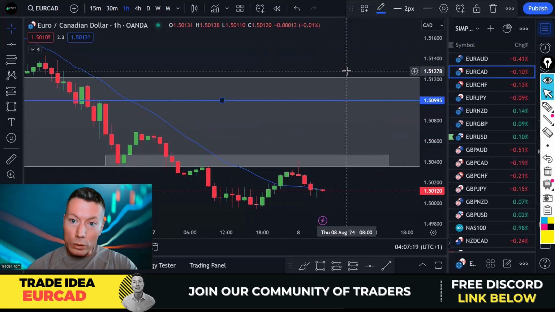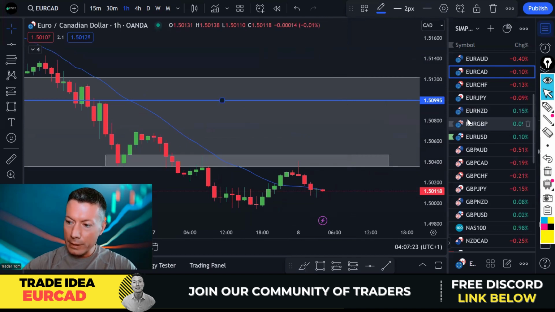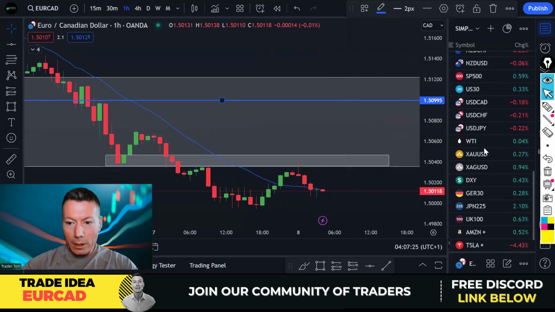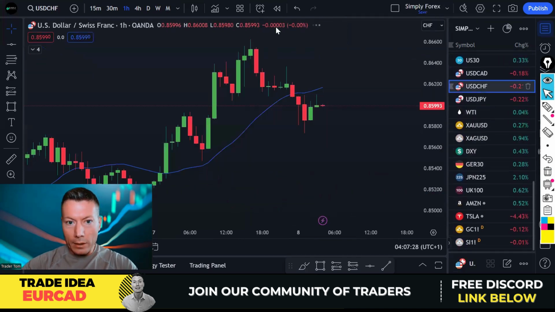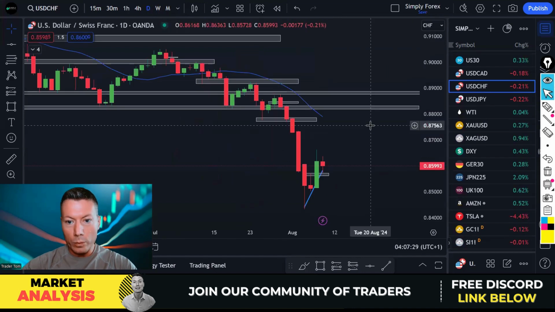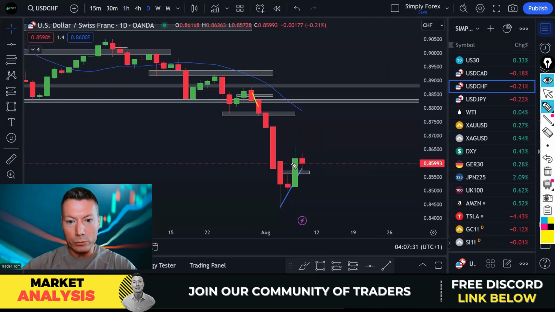That's really only my trade idea for today, guys. But take a look at this, because like I said, trades like US dollar Swiss franc. We're still in a downtrend, but we're still a little bit oversold and we're seeing bullish candles. So I'm keeping an eye on these oversold areas and these flight to safety pairs.